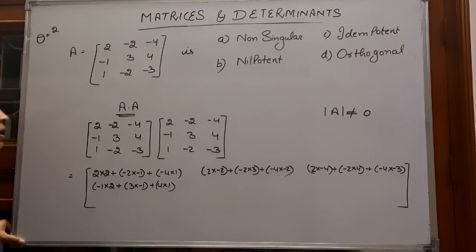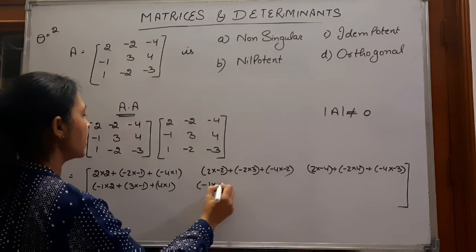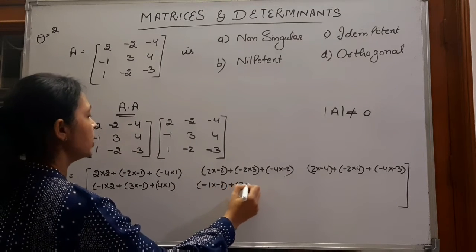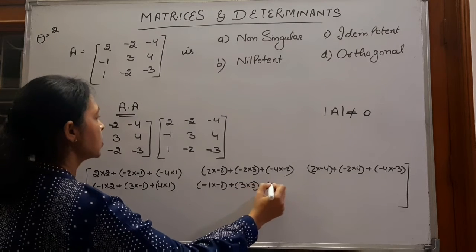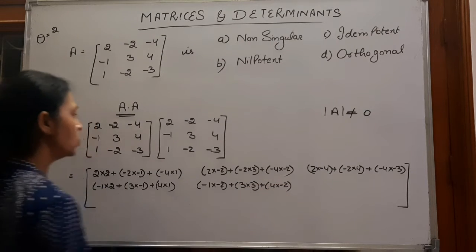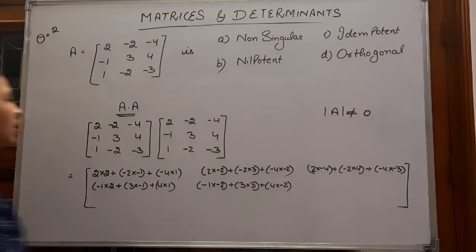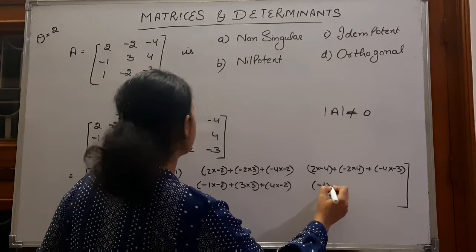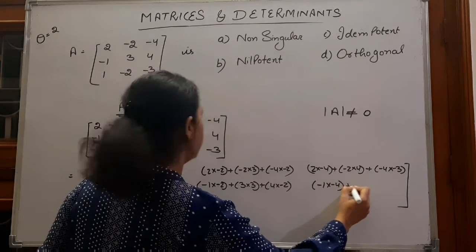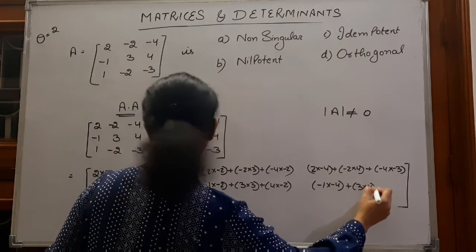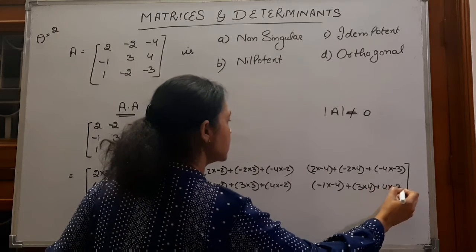Second row, second column: minus 1 into minus 2 plus 3 into 3 plus 4 into minus 2. Second row, third column: minus 1 into minus 4 plus 3 into 4 plus 4 into minus 3.